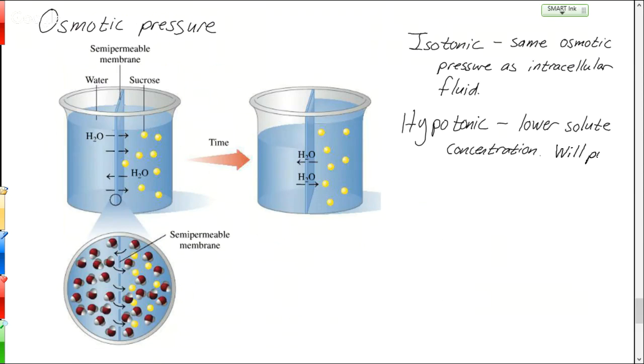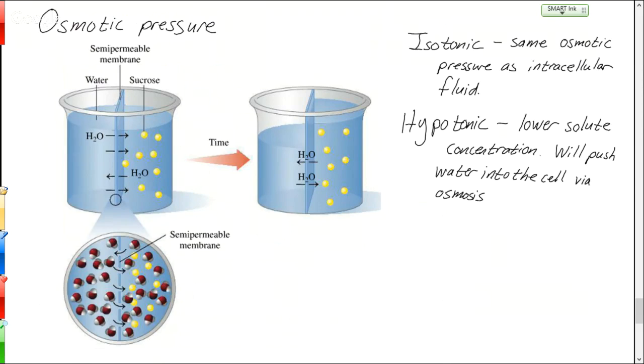So this will push water into the cell via osmosis. So that's called a hypotonic solution, and eventually that will push so much water into the cell that the cells can burst.